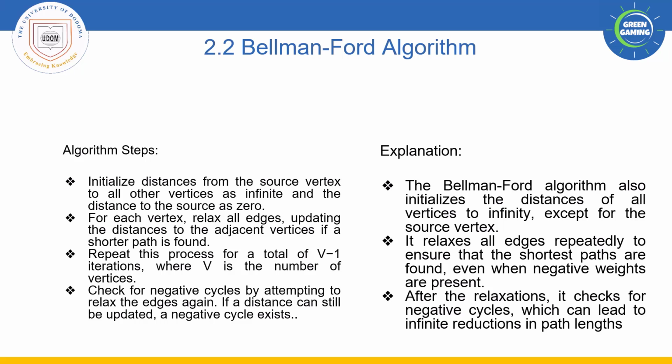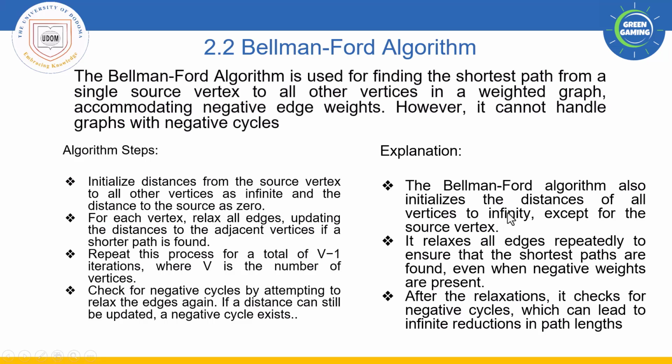The explanation is that the Bellman-Ford algorithm also initializes the distance of all vertices to infinity except for the source vertex. It relaxes all edges repeatedly to ensure that the shortest paths are found even when negative weights are present. After that, it checks for a negative cycle, which can lead to an infinite reduction in the path length. So the Bellman-Ford algorithm is used to find the shortest path from a single source vertex to all other vertices in a weighted graph, accommodating negative edge weights.